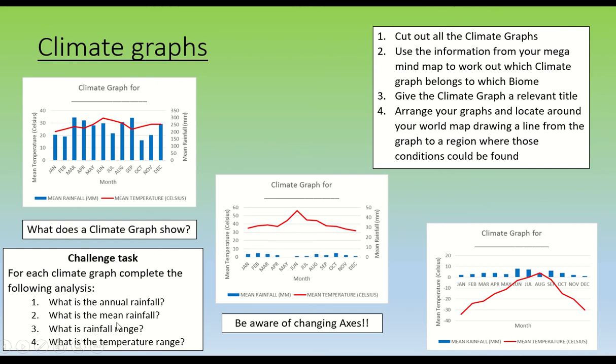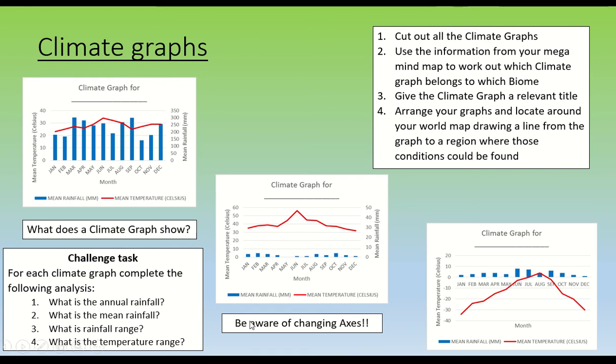If you want to work out the mean rainfall, add them up and then divide by 12. Then the rainfall range is the biggest minus the smallest, and the temperature range is the highest minus the lowest. This is just testing your basic geography numeracy skills, which the exam board would like to test in at least one of the papers that you'll cover at the end of year 11.